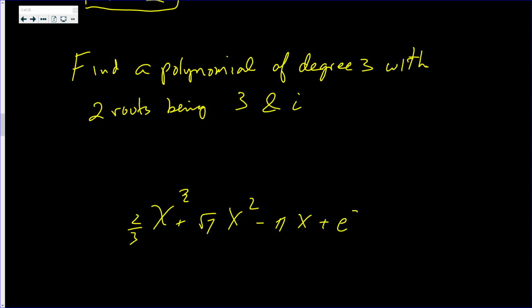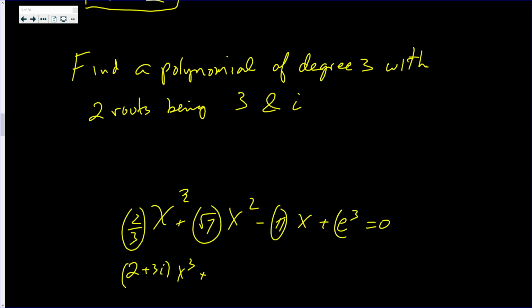Plus, I don't know, e to the 3rd power. However, if you have 2 plus 3i times x cubed, I mean, already it's not a polynomial with real coefficients. These coefficients are real numbers. You may not like some of them. You may not like any of them, but they're real numbers. That's a complex number.